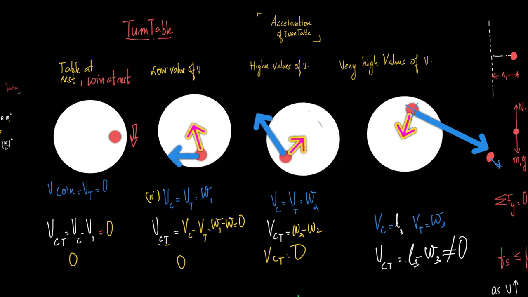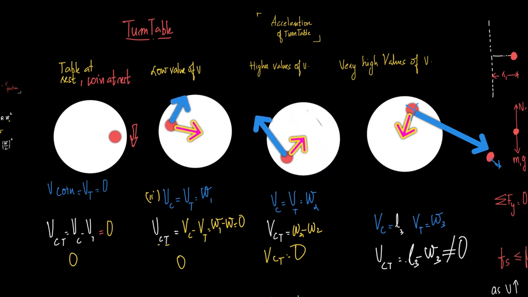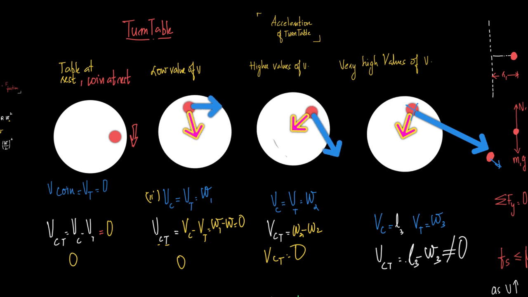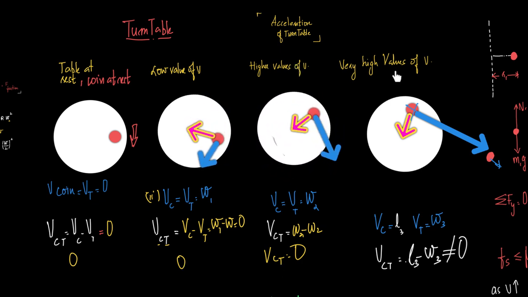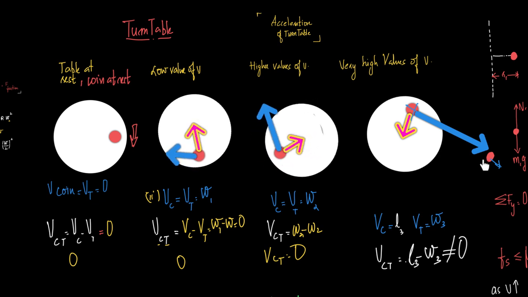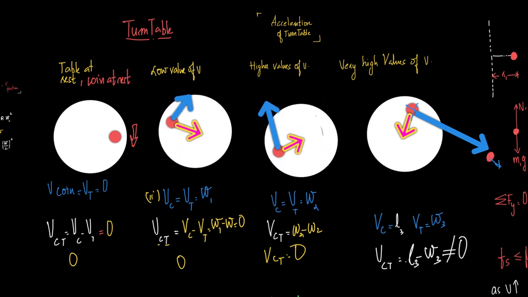What are we talking about? Relative velocity of coin with respect to table. So in the first case it was 0, second case 0, so for smaller values of v it is 0, for higher values of v, relative velocity is 0. For even higher values of v, at one point when the coin bounces off the table, the relative velocity is not equal to 0, right?